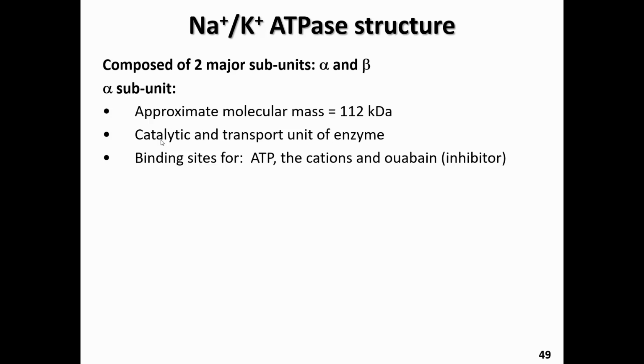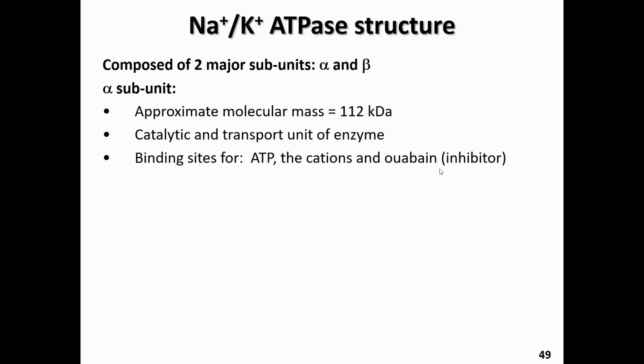So this is the portion of the overall enzyme that has binding sites for one ATP molecule, the cations in question here, sodium and potassium, and under experimental conditions, a compound referred to and pronounced as ouabain is a specific inhibitor of the protein, and it will bind to the protein and not allow it to work.